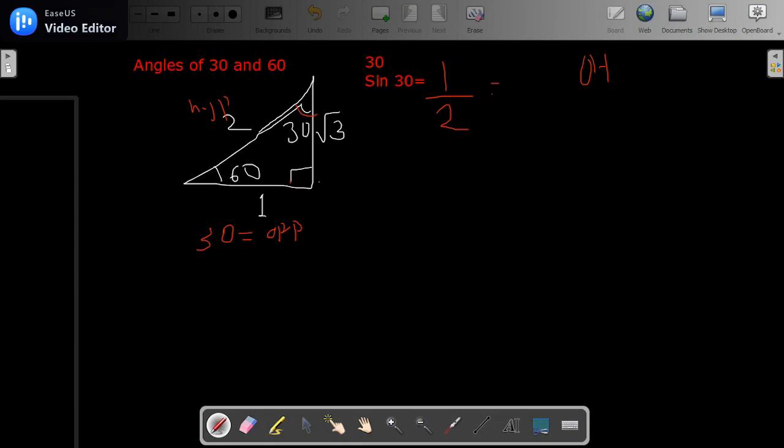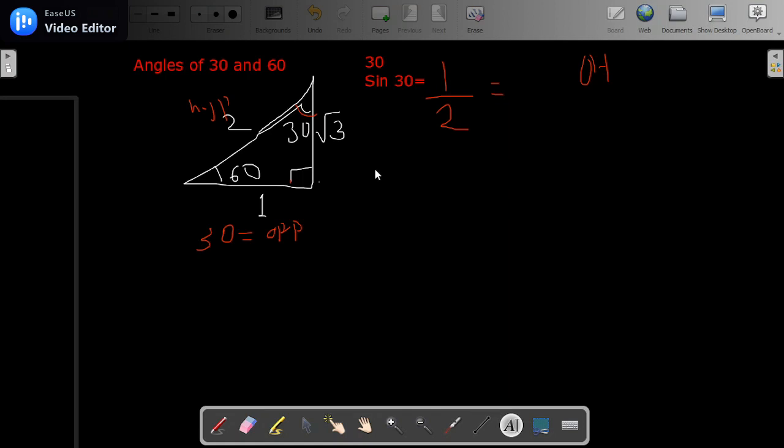Now for cos 30, what will it be equal to? For cos 30, we have the adjacent, which will be root 3, over the hypotenuse, which is 2. And we have tan 30.